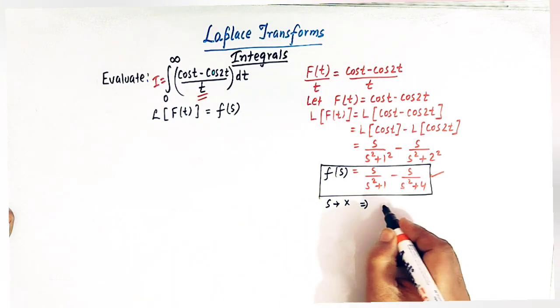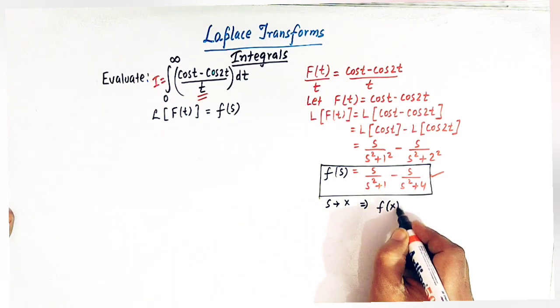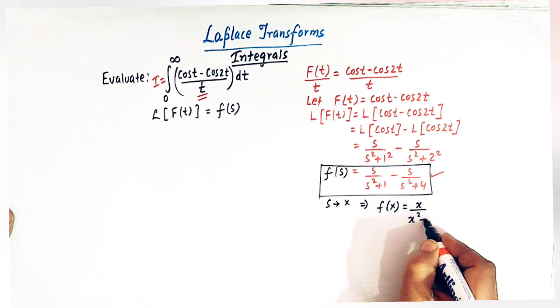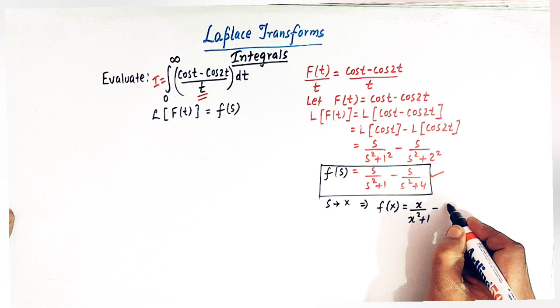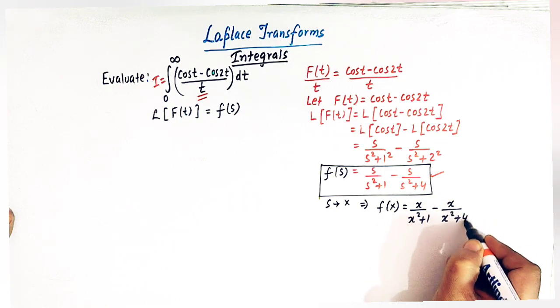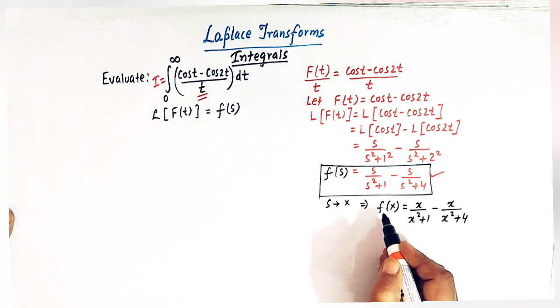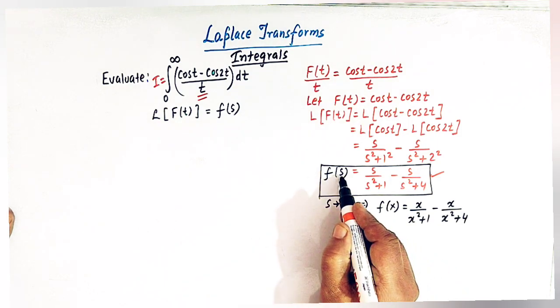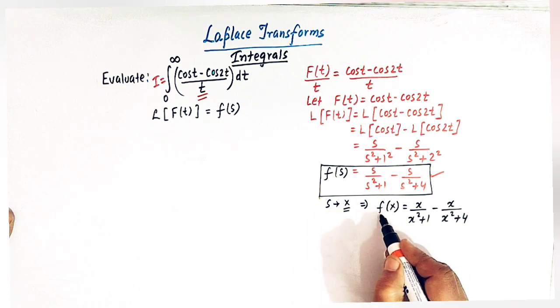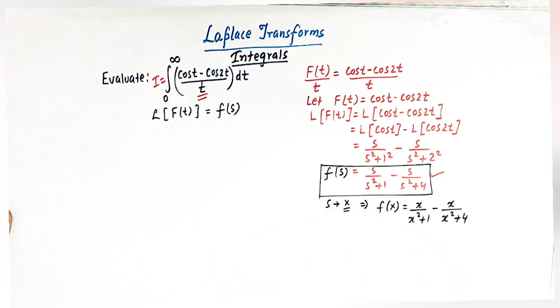So that we have a function F of x that is equal to x divided by x square plus 1 minus x over x square plus 4, right? So the second step is to replace this s by some new variable x and to get a function F of x.